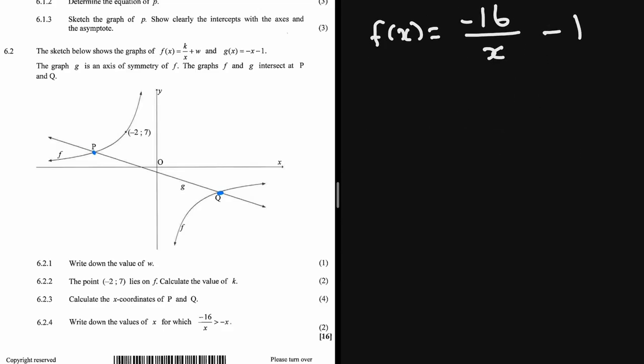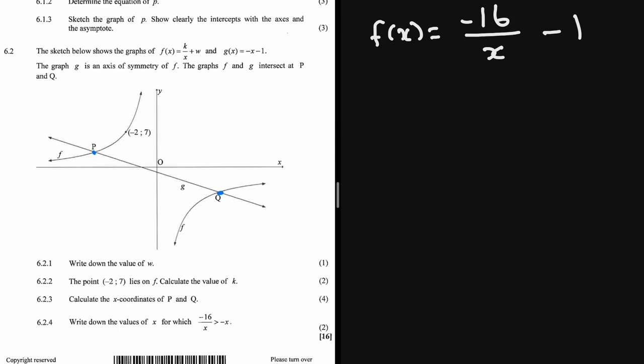our equation of f(x) is actually given as what? The value of k is -16, and then over x, but now remember the value of w was calculated to be -1. So now they say we must find the x coordinates of p and q.